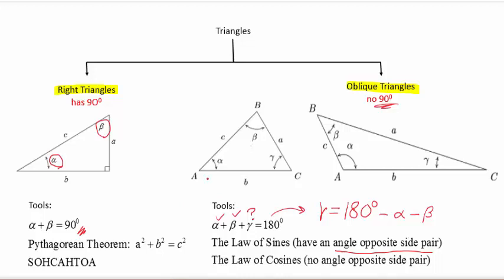An angle opposite side pair might be this angle alpha and its opposite side A. Or it could be this angle beta and its opposite side B. Or it could be this angle gamma and its opposite side C. It wouldn't matter which angle opposite side pair you have, but if you have an angle opposite side pair, then you know you have a law of sines problem.